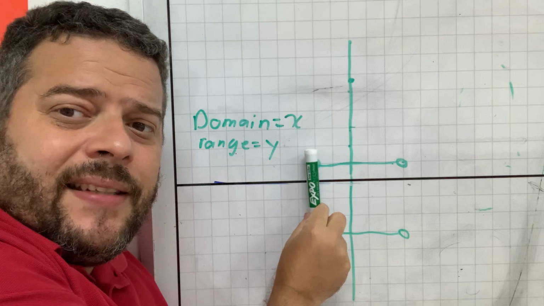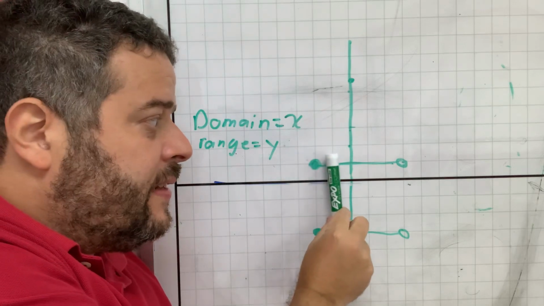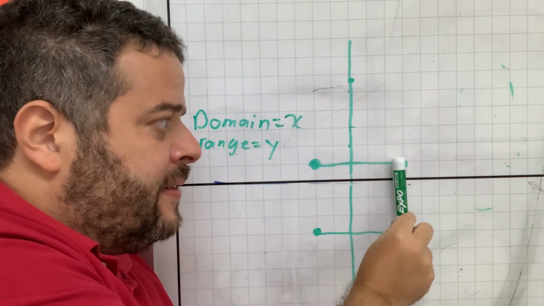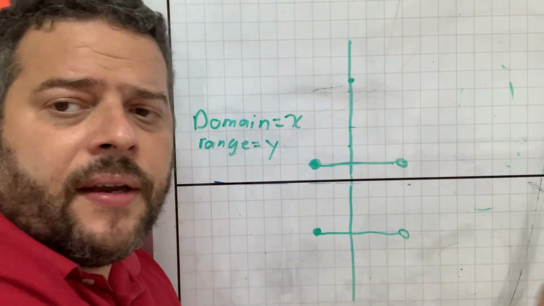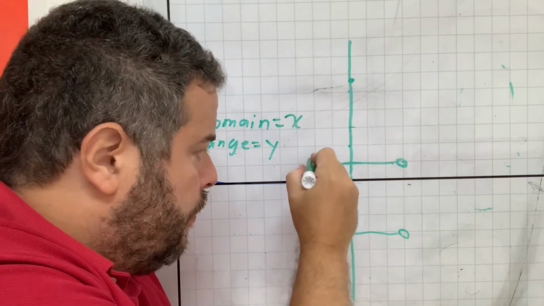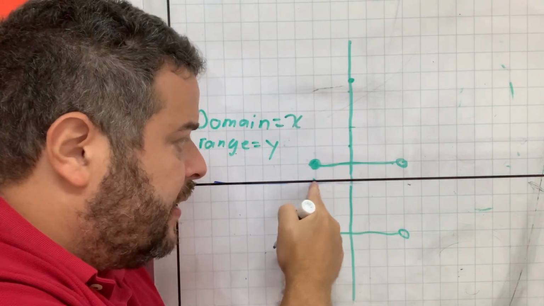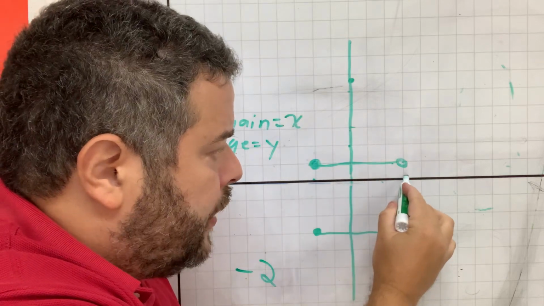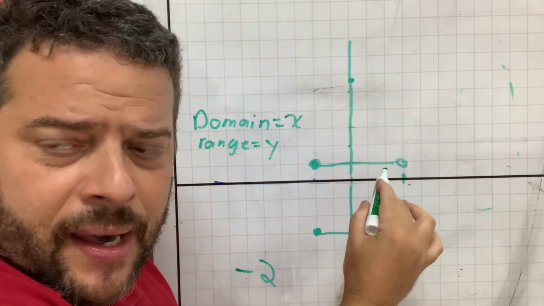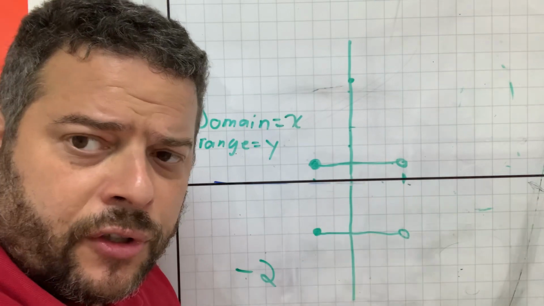I begin existing here. So I exist, I exist, I exist, I stop existing. And there is nothing else on the right-hand side. So the domain is from this point where I begin existing, which would be -2, all the way up to this point, but not including that point because the little circle is empty.